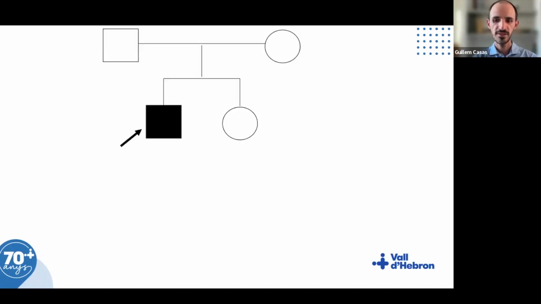So we went to study the family. The father was a 55-year-old man, hypertensive with normal cardiac study, and the mother was a 53-year-old woman with no medical history and asymptomatic.